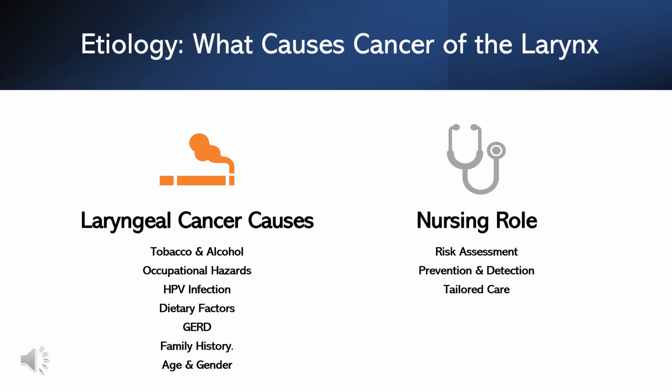As nurses, your role in identifying these risk factors is pivotal. Proper history taking can shed light on potential risks long before symptoms manifest, offering a chance for preventive action or at least early detection. You'll be surprised about how a simple question about lifestyle or work environment can sometimes unfold critical information.